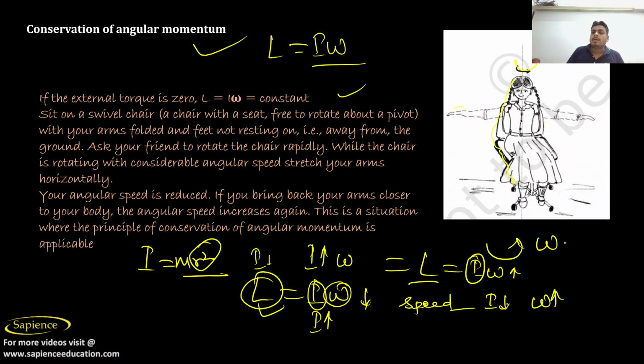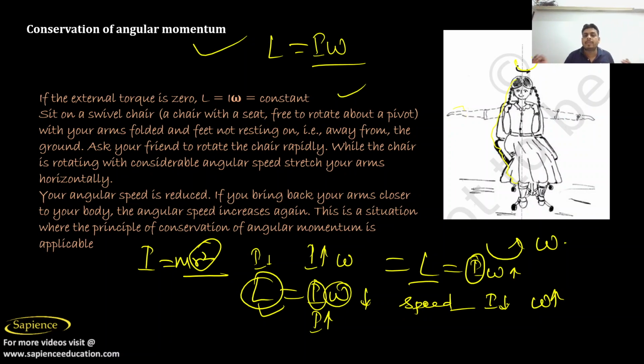So if she wants to increase the angular velocity of her body without any external torque or external agent, she can just move her hands. If she stretches her hands, its angular velocity will decrease.